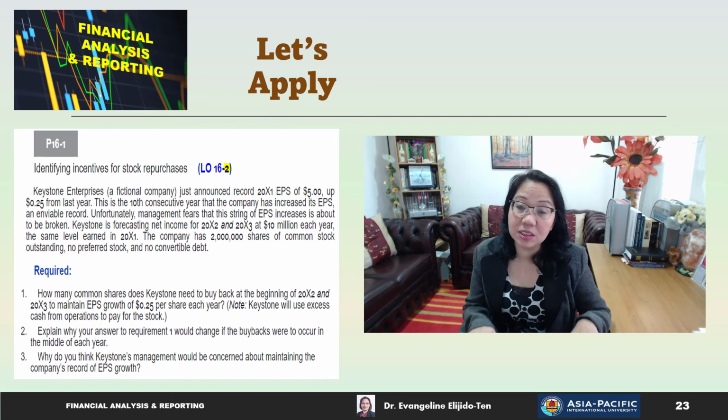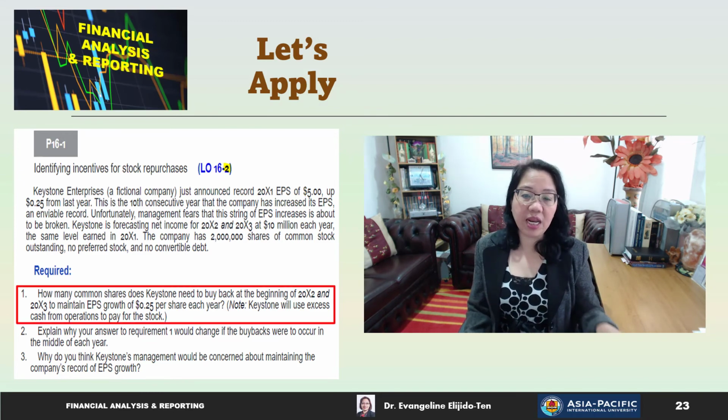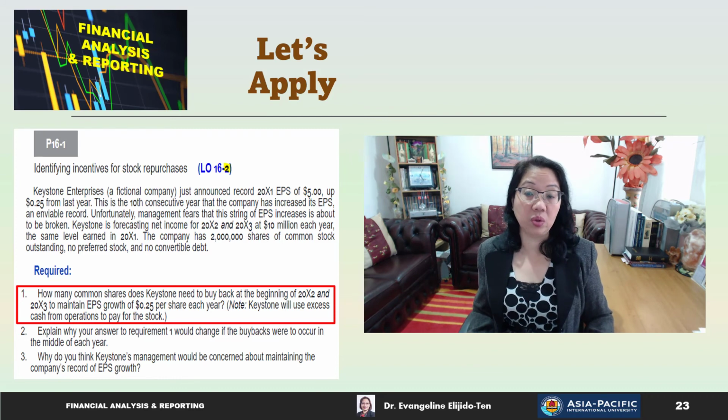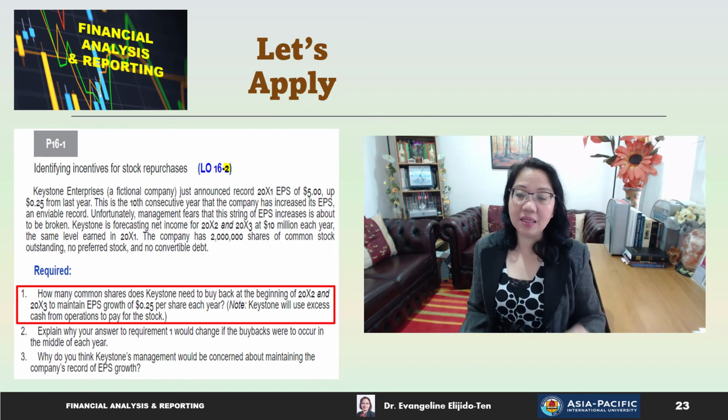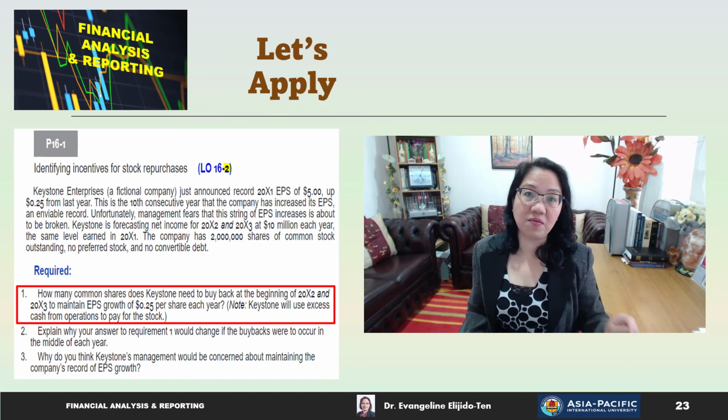The company has 2 million shares of common stock outstanding, no preferred stock, and no convertible debt. How many common shares does Keystone need to buy back at the beginning of 20x2 and 20x3 to maintain the EPS growth of 25 cents per share each year?